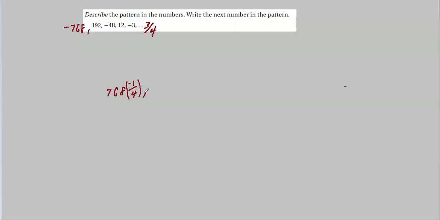And what's the next term? Well, I would say it's 768 times minus 1/4, because that is 192, times minus 1/4. That drops us down to minus 48, doesn't it? And what's the next term?